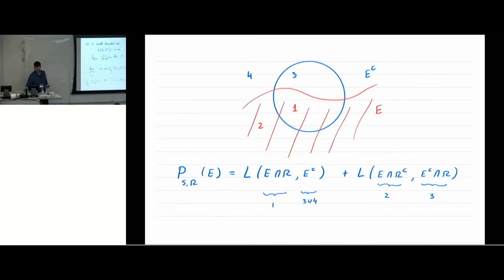Okay. And this is a slide that I also had yesterday. What does it mean when I look at the perimeter of E in the set omega, not in the whole R^n? We said here we want to integrate all x's in E against all y's outside of E, but removing the contributions from the complement of omega.